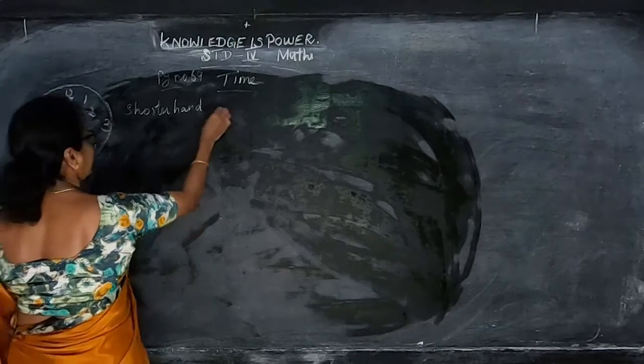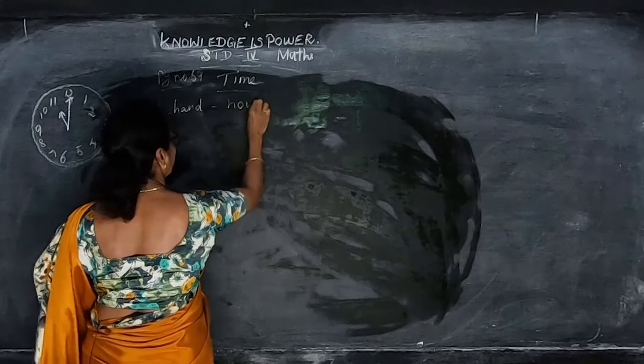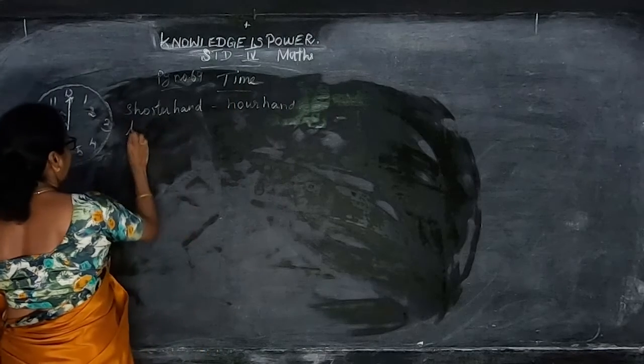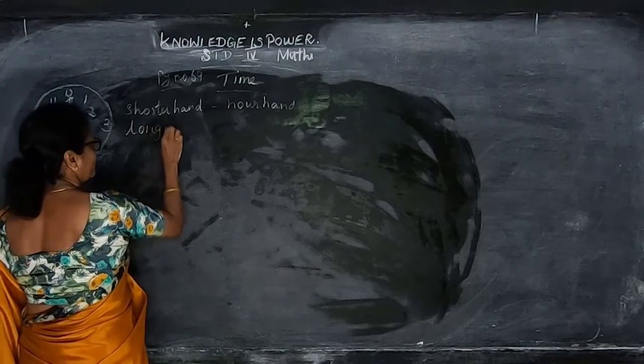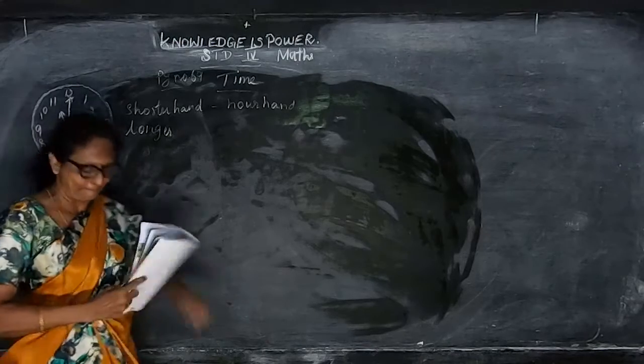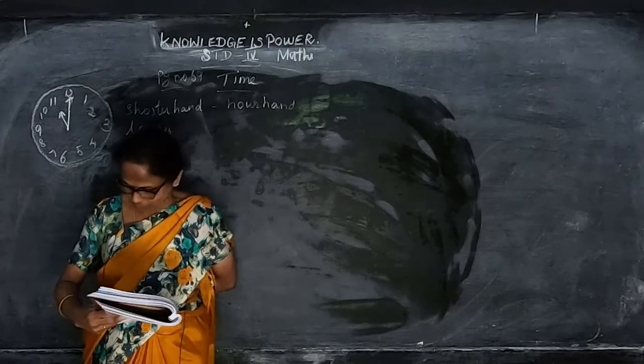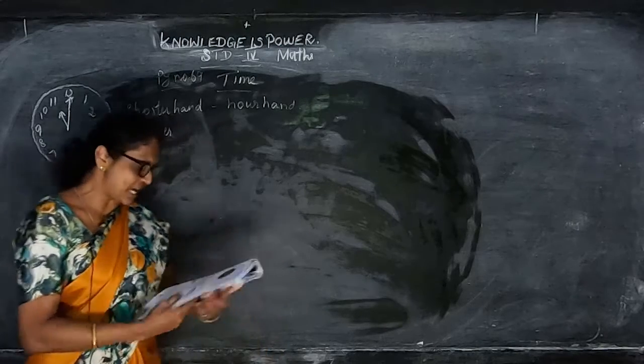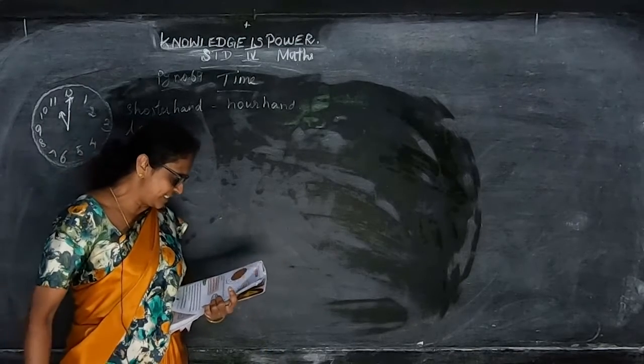So the shorter hand is the hour hand. And longer hand is the minute hand. And red color hand is the seconds hand.